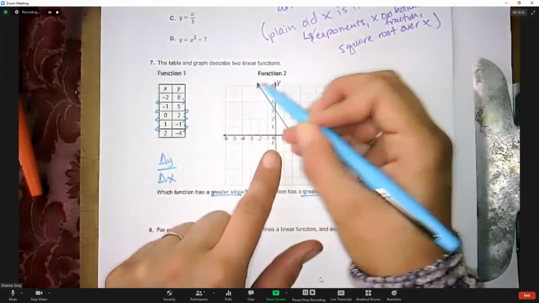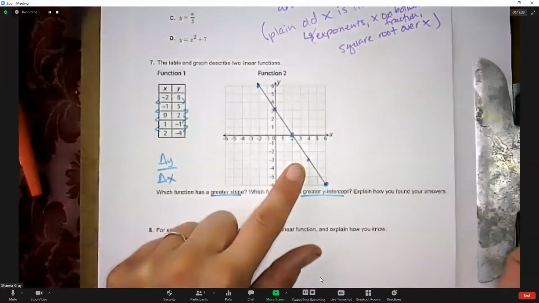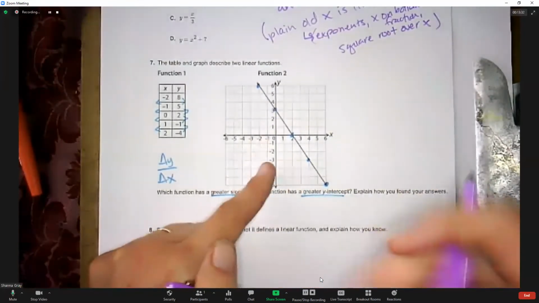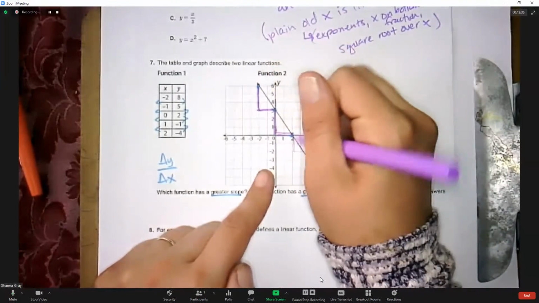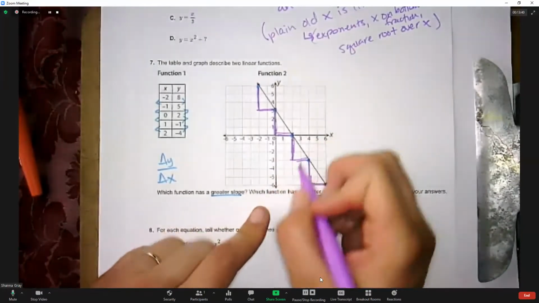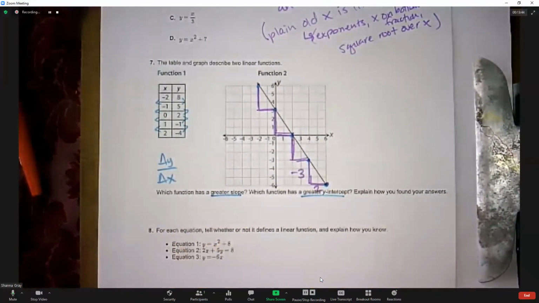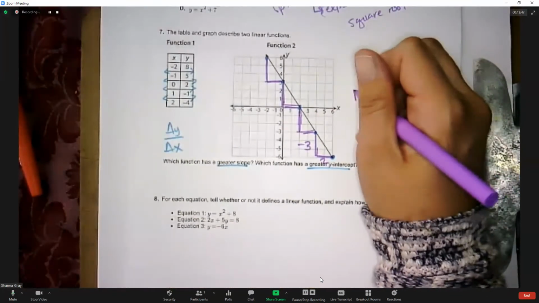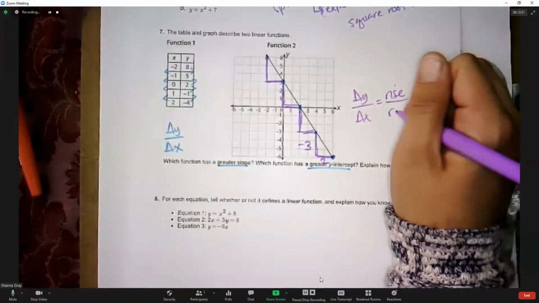So if I'm looking through and I'm seeing that I have points in all these spots, I'm really looking at that staircase, right, to describe. So this is going down 3 and over 2. So again, change in y over change in x is really, in this case, kind of like the rise over the run.